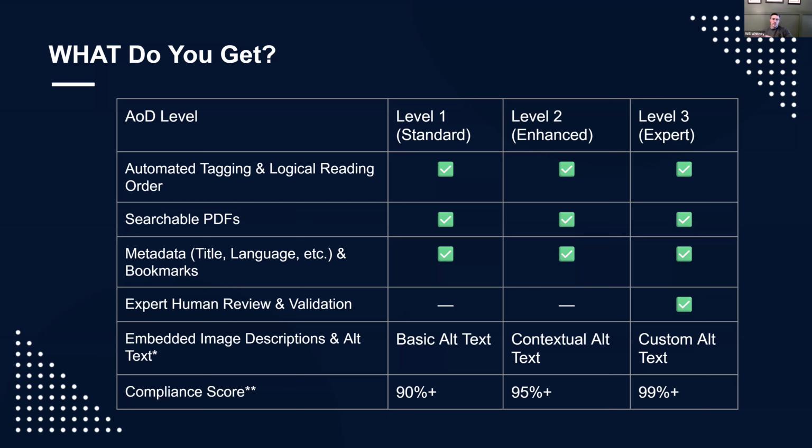Level three is the most expensive, and that's expert review, because someone will actually go in and check those failures, flags, and exceptions. They may say, this is just the document and there's nothing that can be done, or they may say this does need to be tweaked and changed. But that's not typically used. If you did need it, it would likely be for something like fillable forms. If you need fillable forms publicly available and you did level two, it would just make them static.